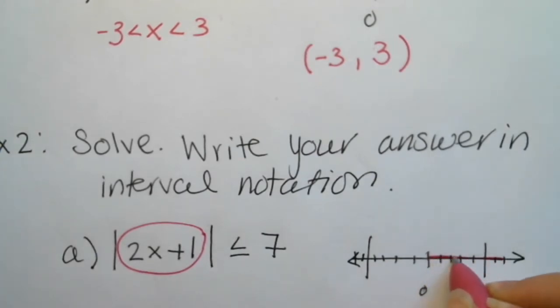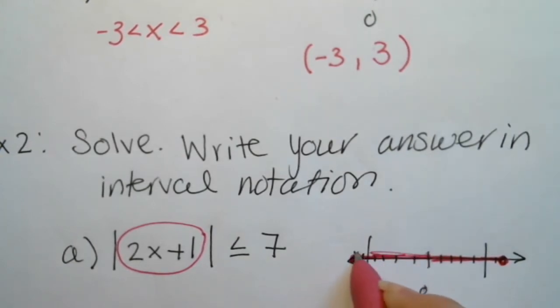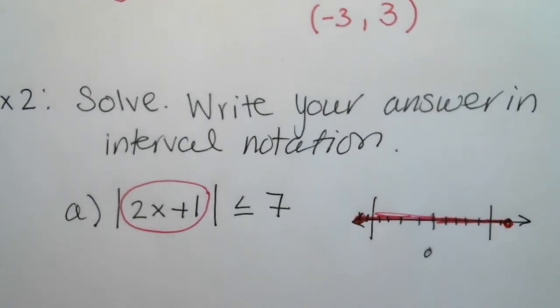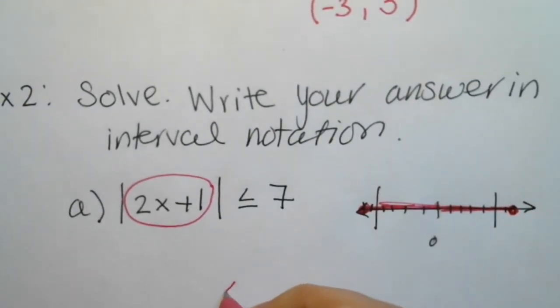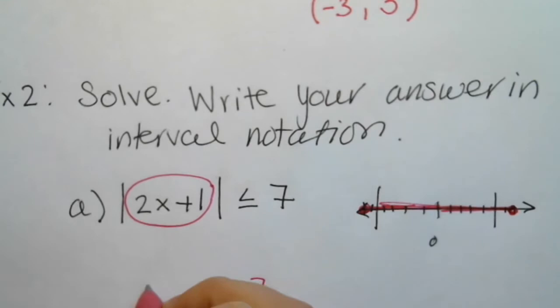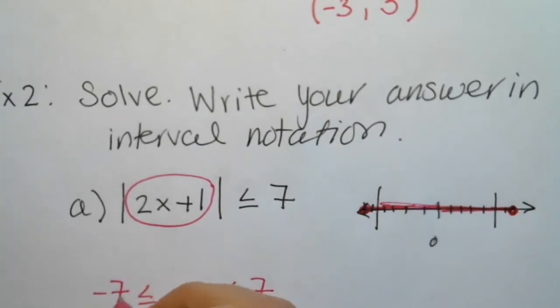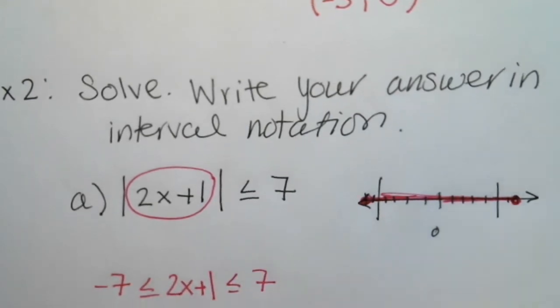So we could be moving all the way out here up to 7, or we could be moving this way out to -7. So one way to describe these numbers would be that they're between 7 and -7. And remember we're talking about the entire expression 2x plus 1 as a single number.